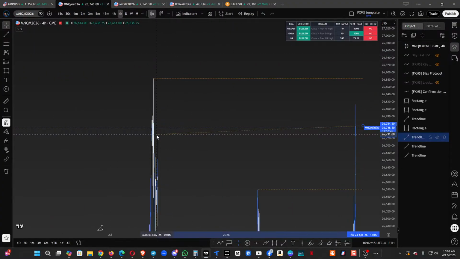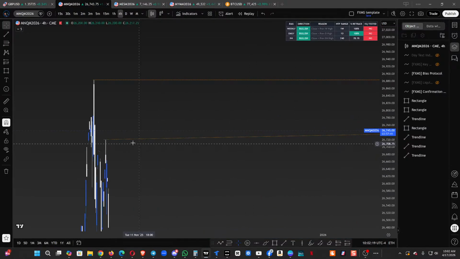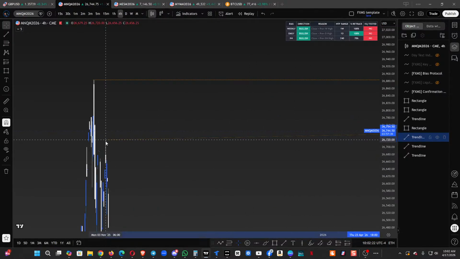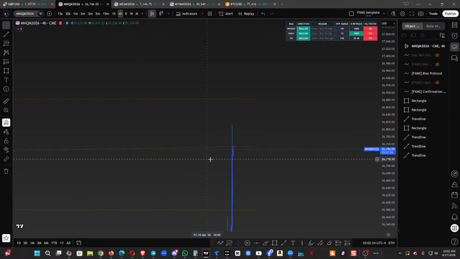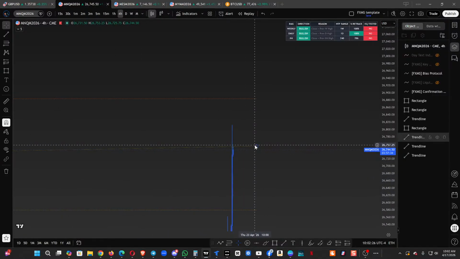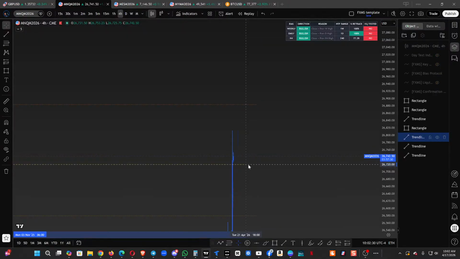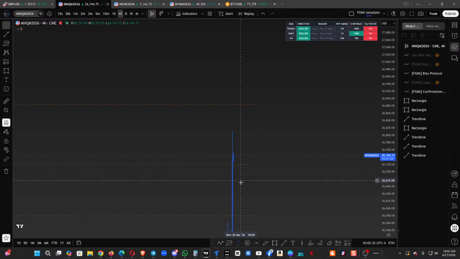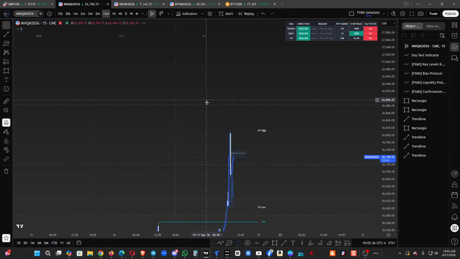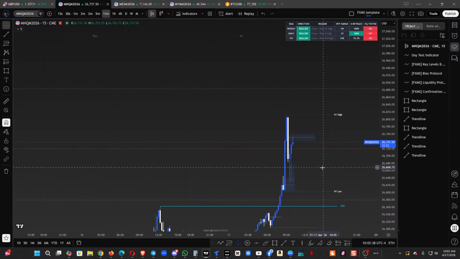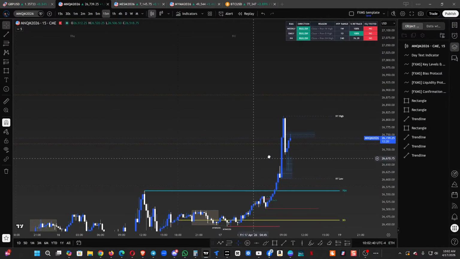The 4-hour level was a little bit lower, it was here. So we closed above the 4-hour high, and that doesn't really give us confirmation.